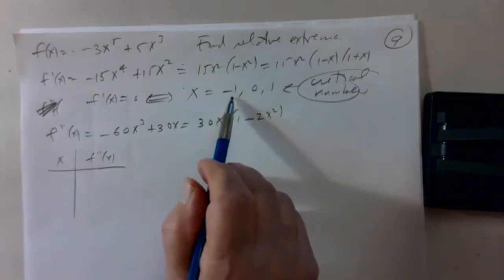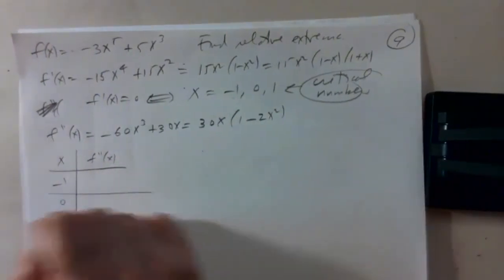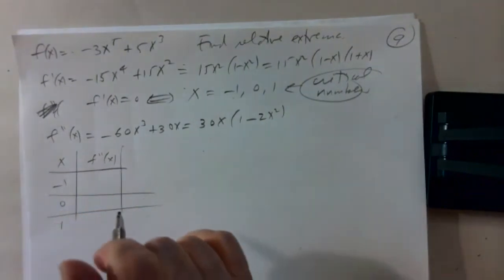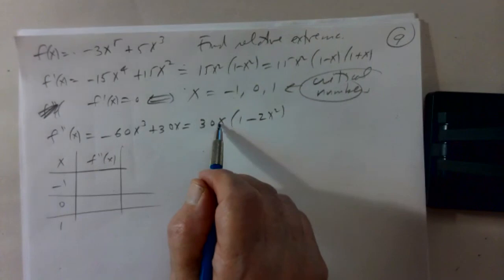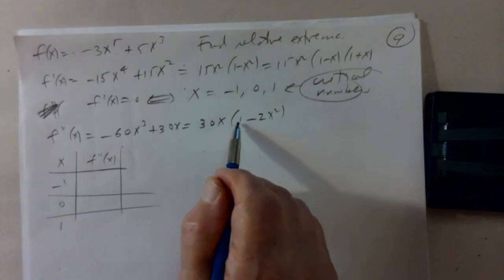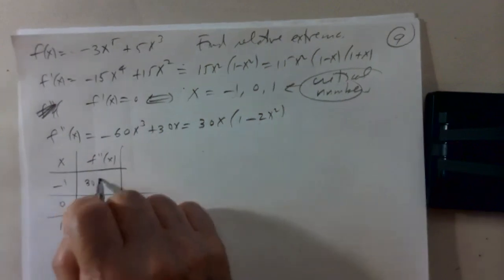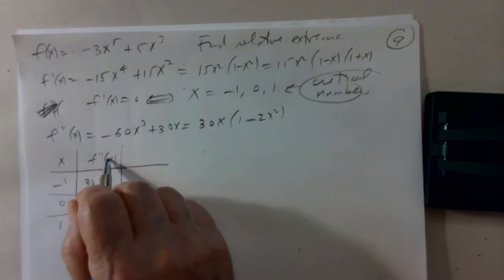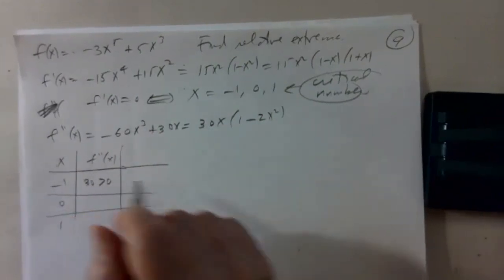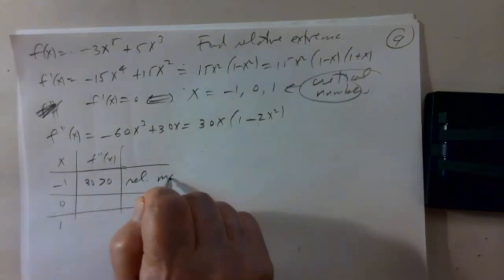So our three critical numbers are minus 1, 0, and 1. So when x is minus 1, I get minus 30 times minus 1, I get plus 30, which is positive. Second derivative positive, first derivative 0, which means we have a relative min.